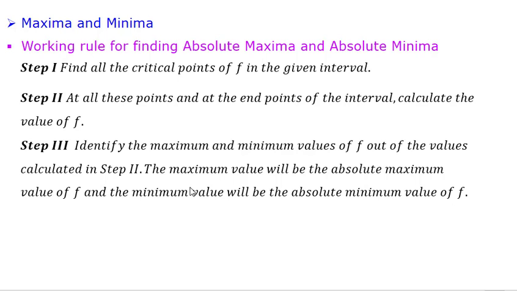If it is changing its sign from positive to negative, then that point will be the point of maximum, and if it is changing sign from negative to positive, then it will be a point of minimum. And if f'(x) is not changing its sign from left to right, then it is a point of inflection, that is neither maximum nor minimum.